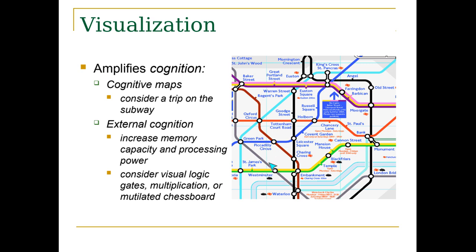If I go from Westminster to Tottenham, I can look on the map and see I can either take gray and red, or I can take green and yellow and then black. It'll take me there. So I can remember visually. It helps me. And once I start my journey, I can always remember what I've taken and what choices I have. So I don't have to have the map in front of me all the time, although in some places you probably have it. But even if I don't have it, I will still remember what I have to do a little bit easier.